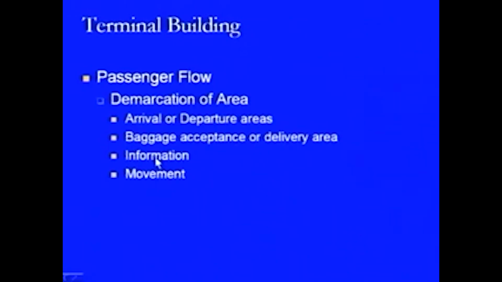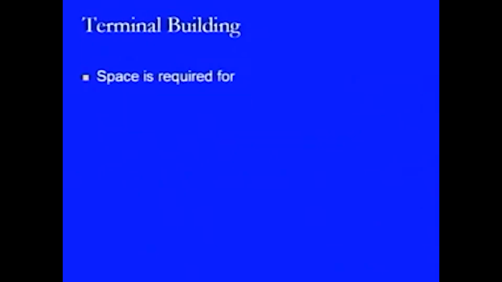In that sense, looking at the various types of flow, the area can be demarcated in different forms like the arrival or departure areas, the baggage acceptance or delivery areas, the information and the movements. Now we look at the space requirement in the terminal building, because we have already seen the various types of activities.